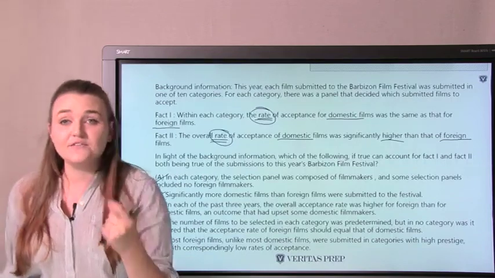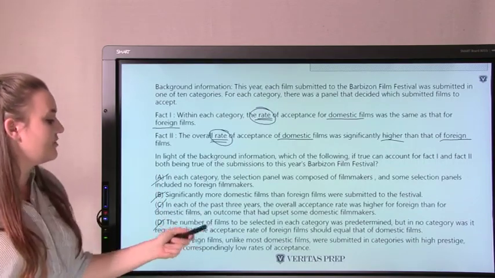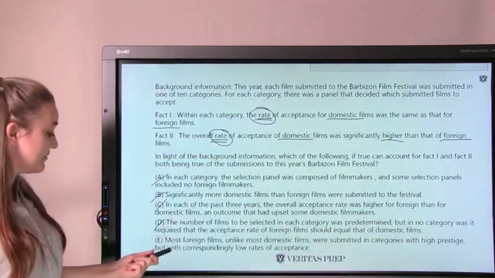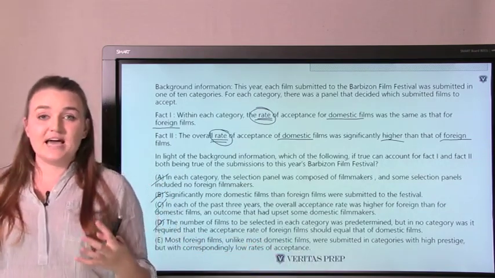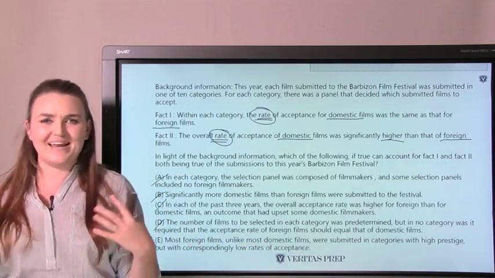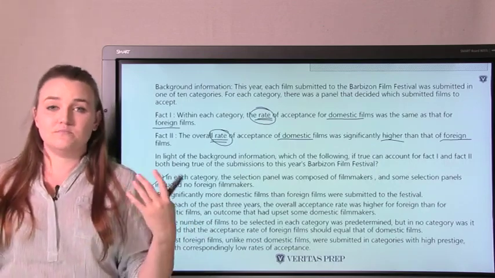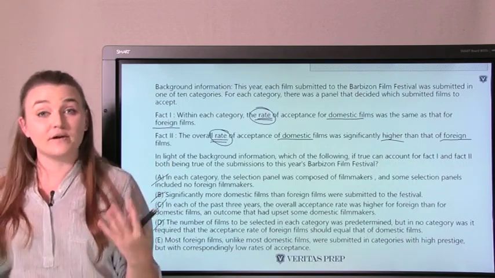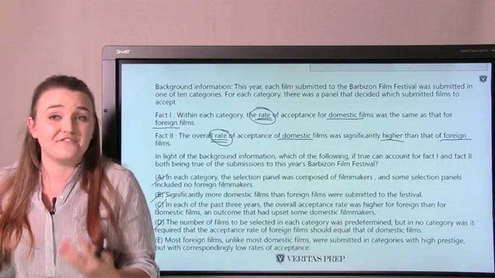But as a couple of you mentioned, if we speak to answer choice E, most foreign films, unlike most domestic films, were submitted in categories with high prestige but correspondingly low rates of acceptance. This is telling me that in terms of weighted averages, we've got more of a shift of these foreign films toward categories that have lower rates of acceptance, whereas our domestic films are maybe in less competitive categories.